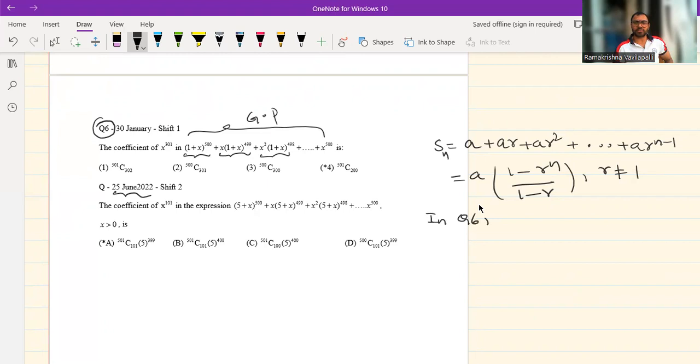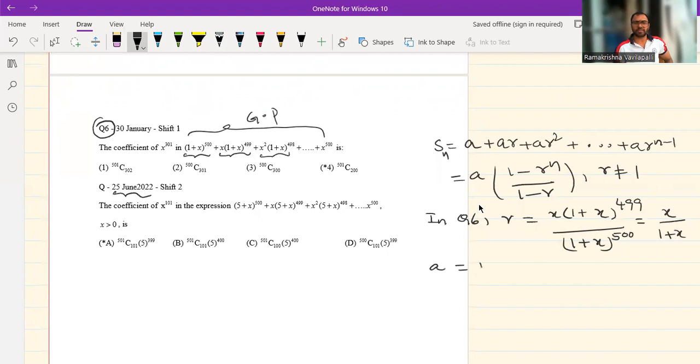what is the common ratio? Common ratio equals the second term, x into (1 plus x) whole to the power of 499, by the first term, (1 plus x) whole to the power of 500. After simplification, you will get x by 1 plus x. So this is the common ratio. And what is the first term?